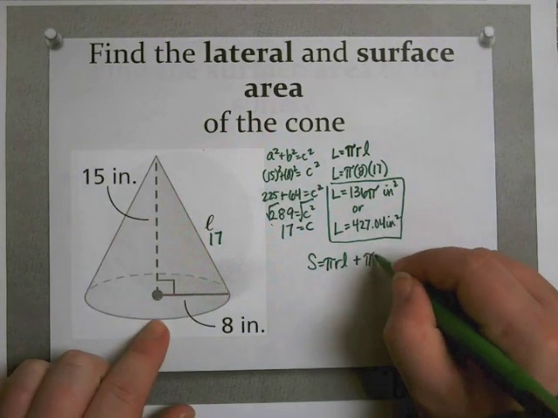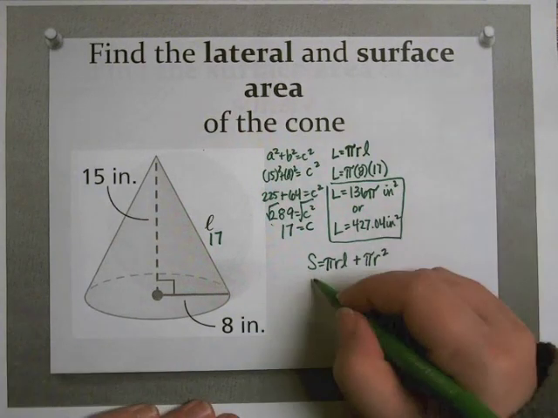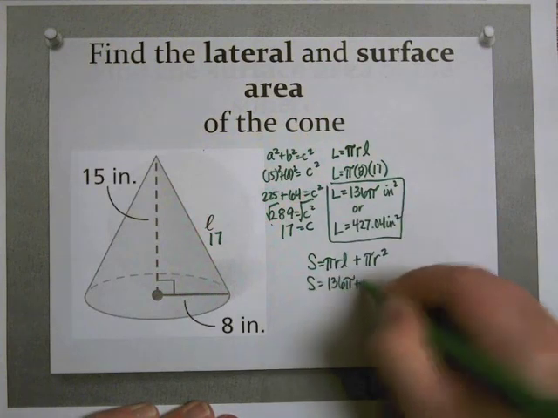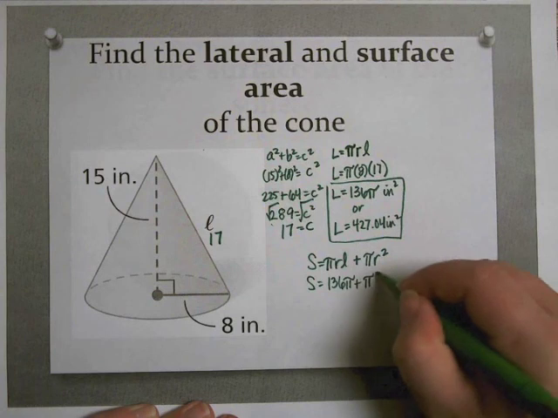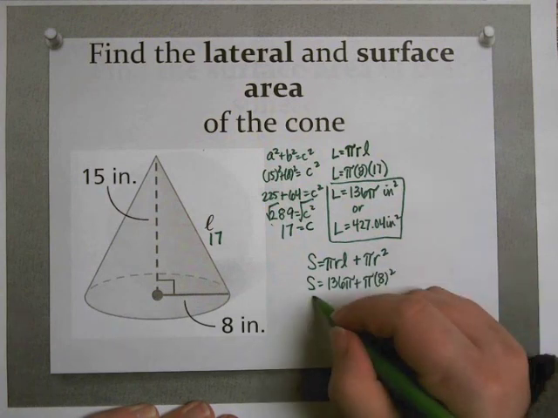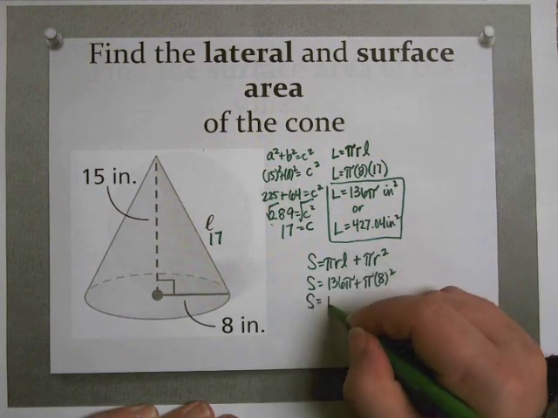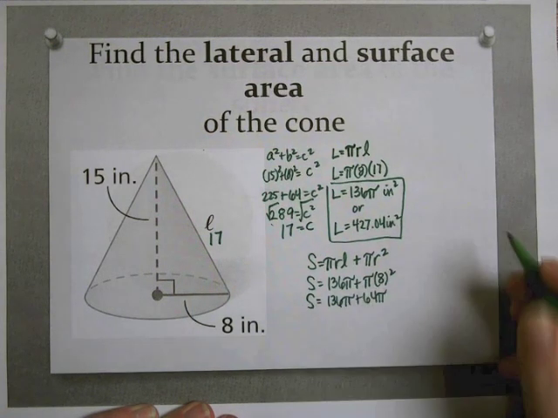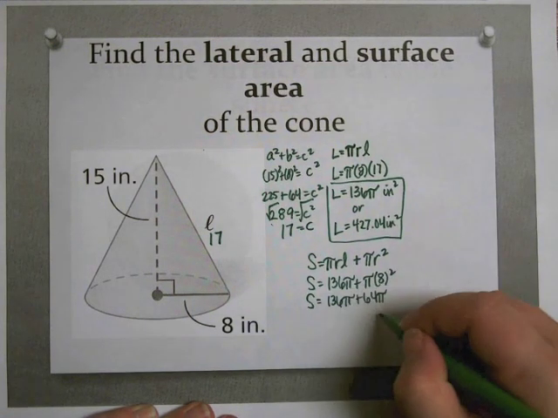Now, surface area, we just take our pi RL and we add the area of the base. Well, our base is a circle. We know the area of the base is pi r squared. We've already got the pi RL. I'm just going to go ahead and leave it in pi for right now. Plus pi times 8 squared. So our surface area is 136 pi plus 64 pi, because 8 squared is 64.